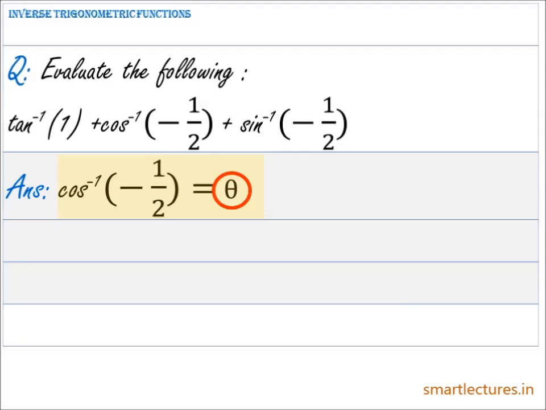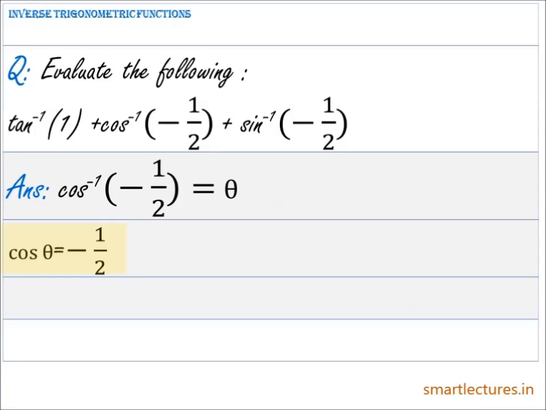As per the definition of cos inverse function, this means that theta is the angle the cosine of which is equal to minus half, or in other words, cos theta is equal to minus half. And now for which angle the cosine is equal to minus half? In the interval 0 to pi, that angle is 2 pi upon 3.